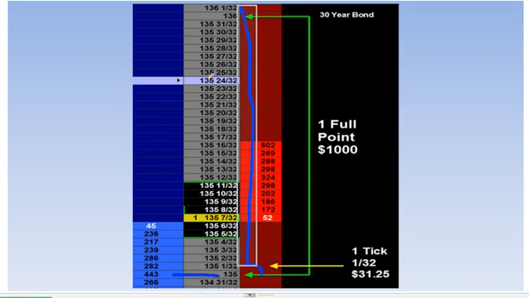So it's going to be 135 and 1/32, 135 and 2/32, 135 and 3/32. Then you get up here and you're trading 135 and 30/32, 135 and 31/32, and then 135 and 32/32, which equals 136. So you're going to make one full point on the bonds. So it's 32 ticks times $31.25. You're going to make a full $1,000.